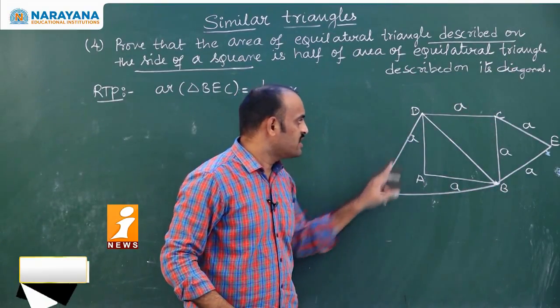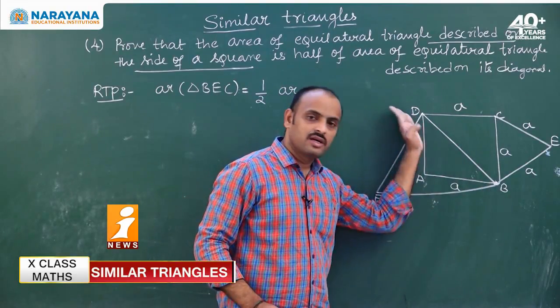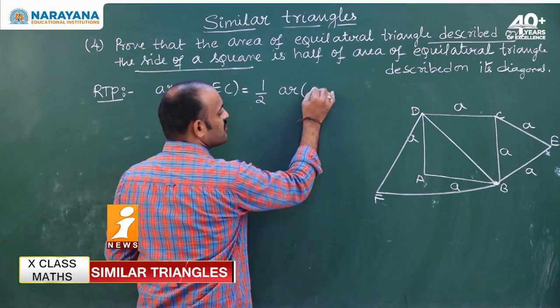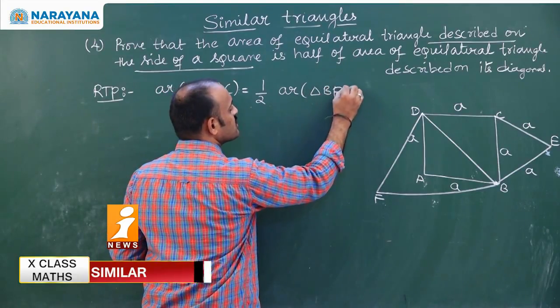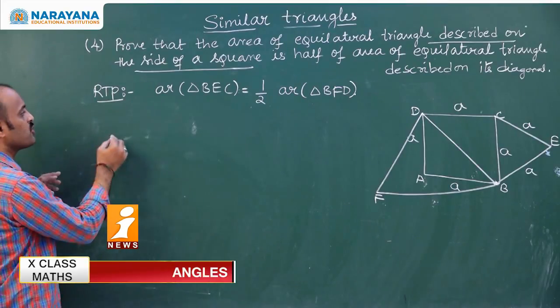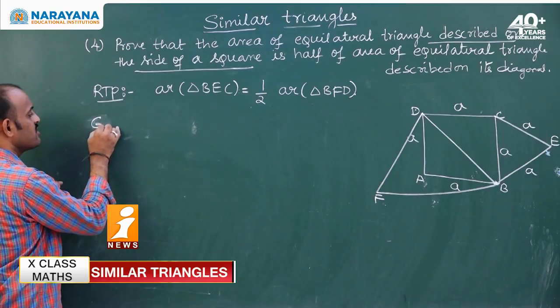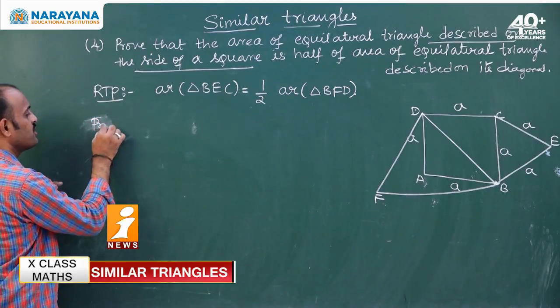So BFD is the equilateral triangle described on the diagonal. Area of triangle BFD. This is what we need to prove.